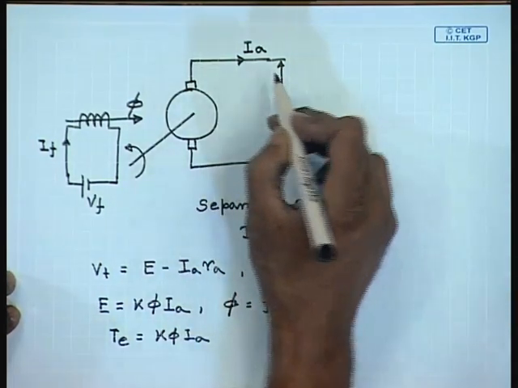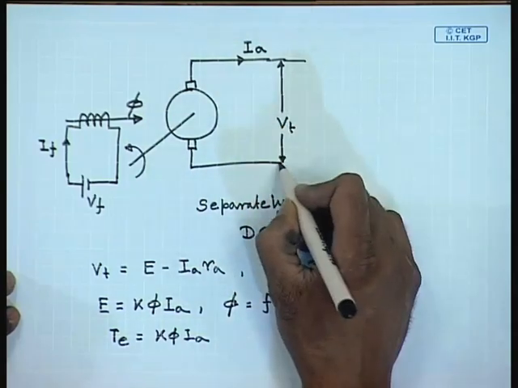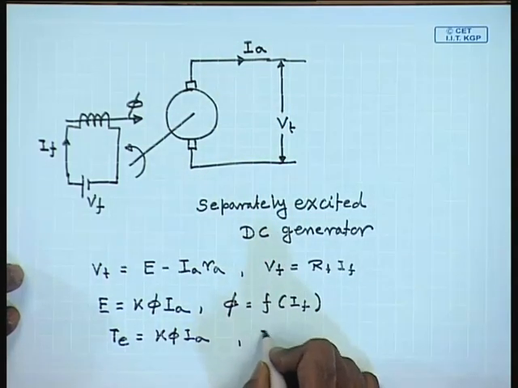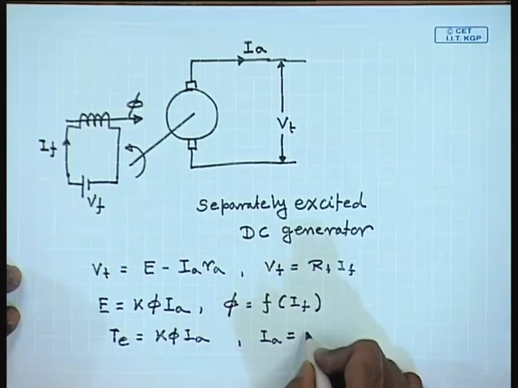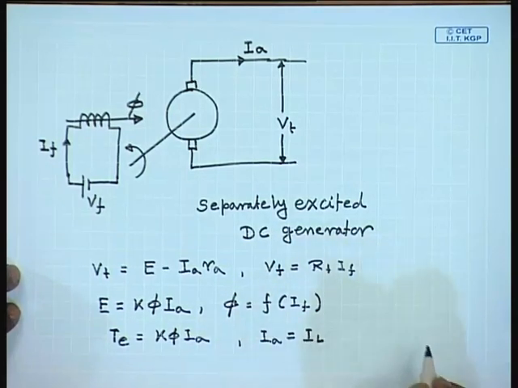Since the armature terminals supply the load, the armature current is the same as the load current IL.